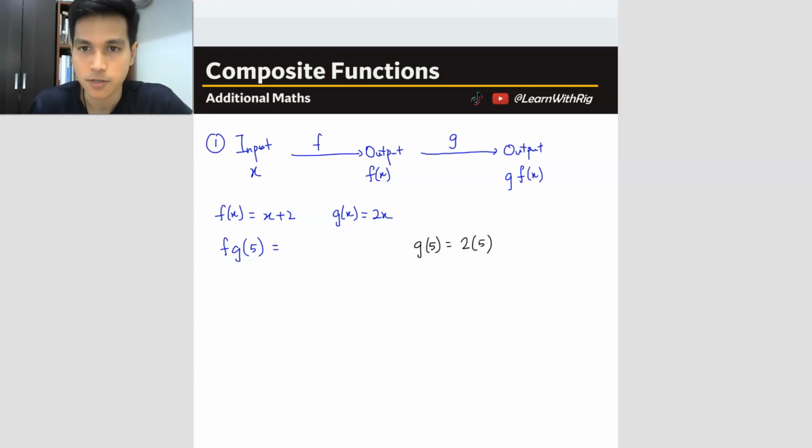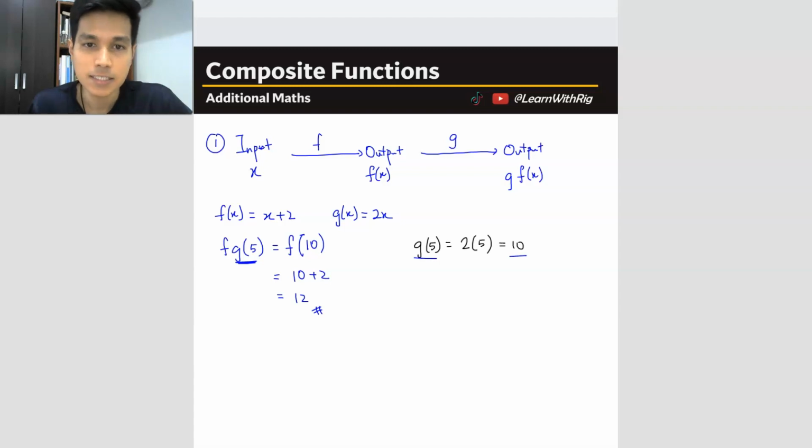So 2 times 5, the answer is 10. So we know that g(5) is equal to 10, which means this part becomes 10. Now you're looking for f(10). You just substitute 10 into f(x), so you get 10 plus 2. The answer is 12. So this is how you do it.